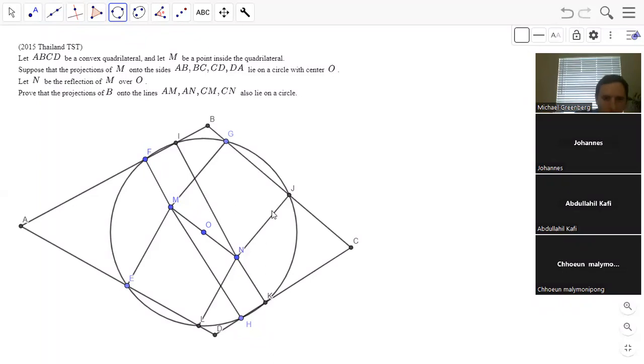So JGH and LEH. So JL. Okay, so I think I want to relate arcs JL and EG. Are those arcs equal, JL and EG?